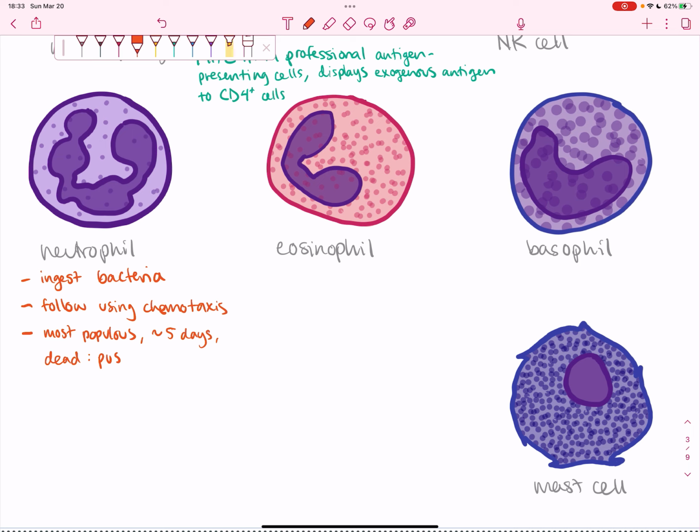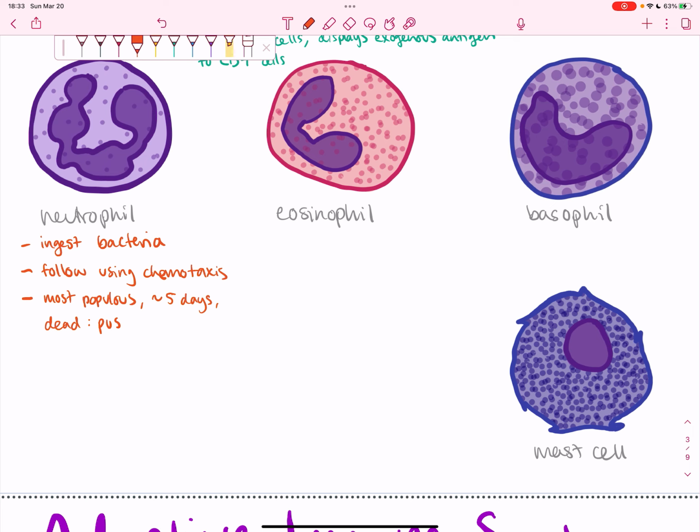I think that about covers it for neutrophils. Okay, eosinophils. They're used in allergic reactions and invasive parasitic infections. So they release histamine, which causes an inflammatory response.